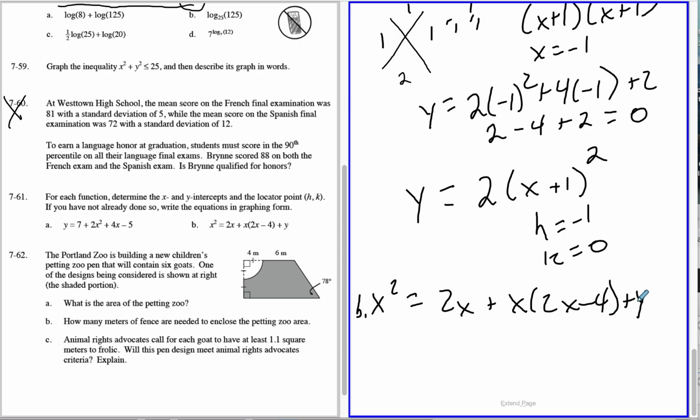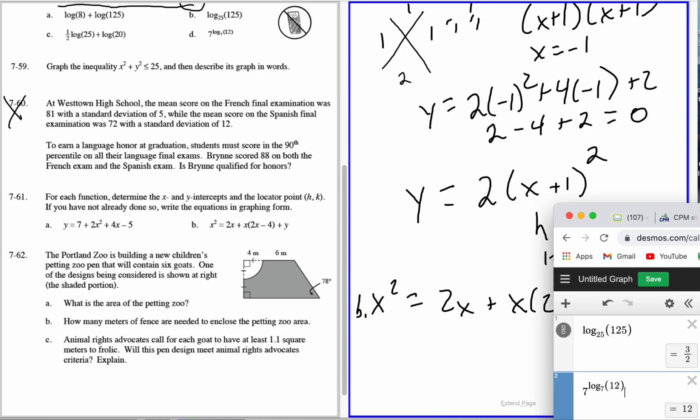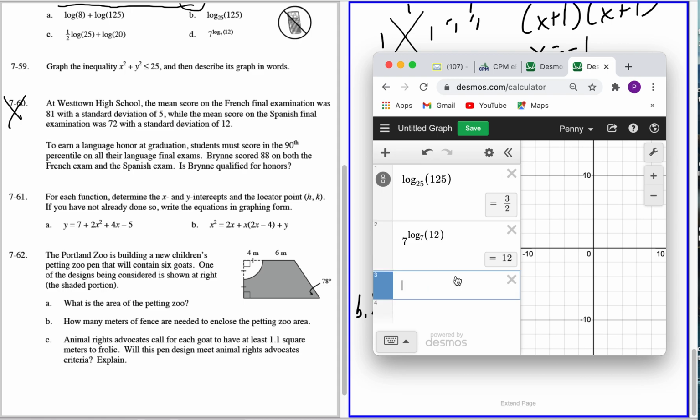I'm going to switch my x and y here first. You know, guess what? We don't even need to. We can take that whole equation and plug it into Desmos. We got x squared equals 2x plus x times 2x minus 4 plus y.